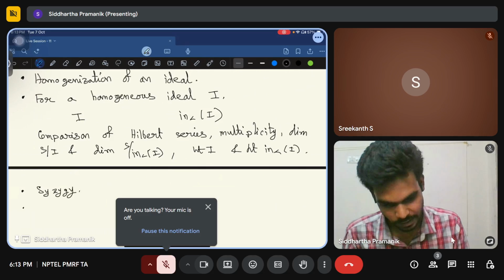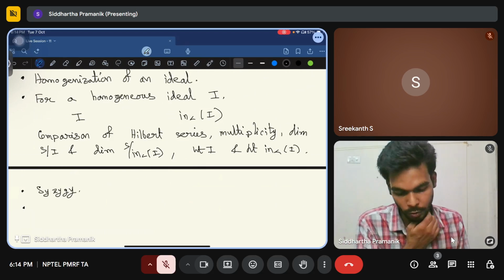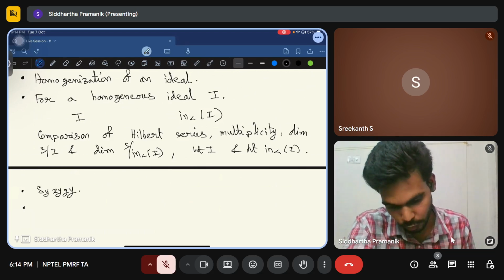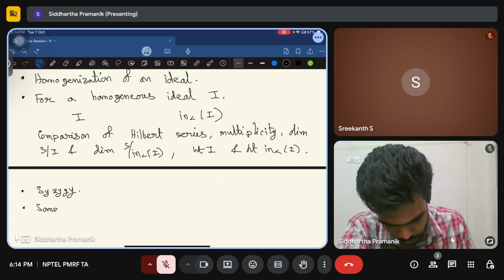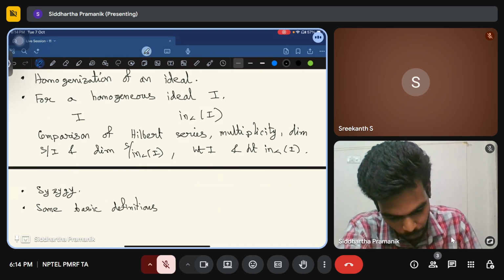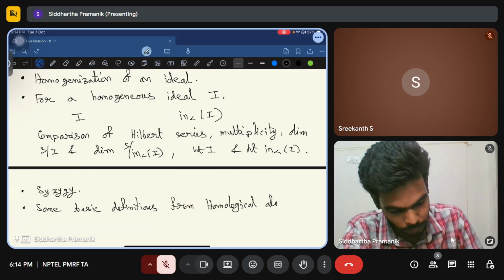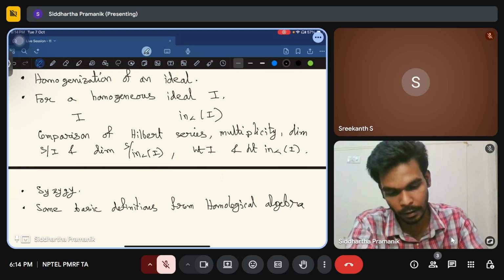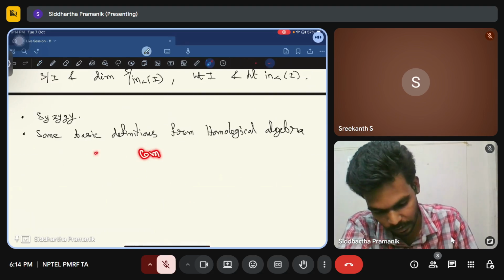Then we covered some very basic definitions from homological algebra, which we need to move to next week. In this part, we have seen how to define a complex or chain complex.